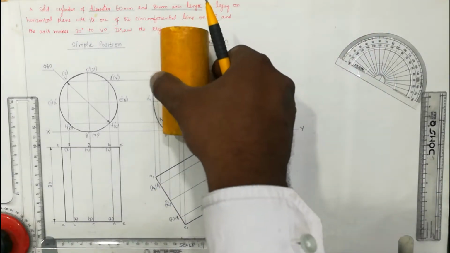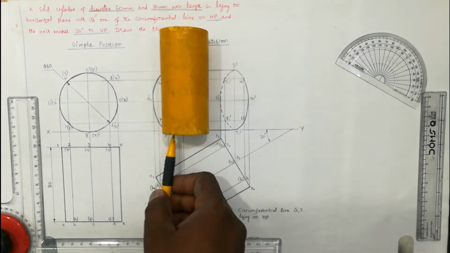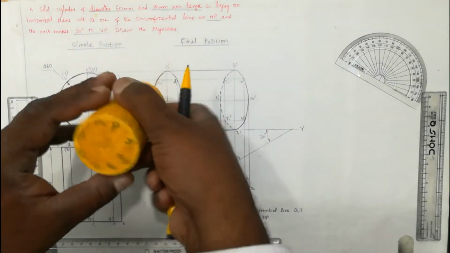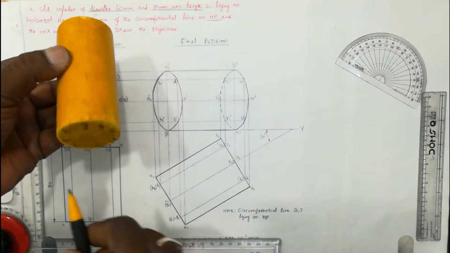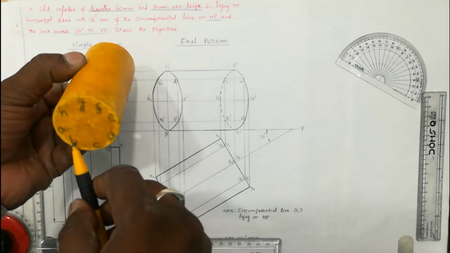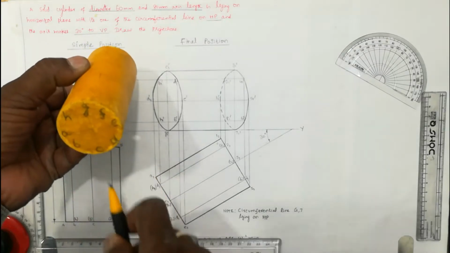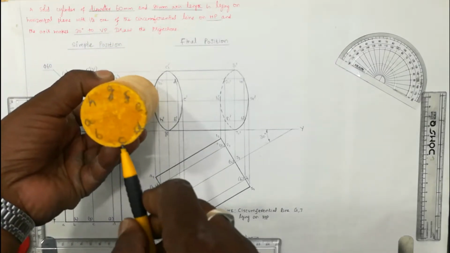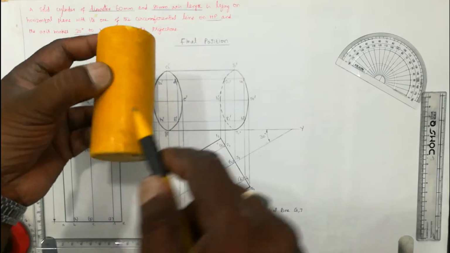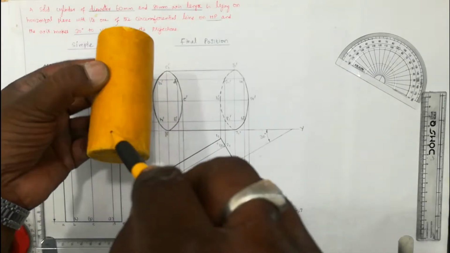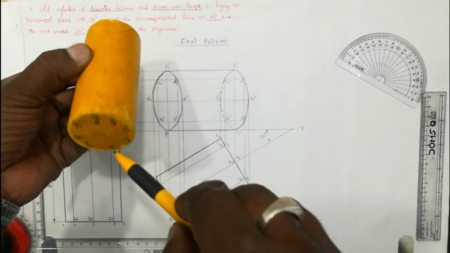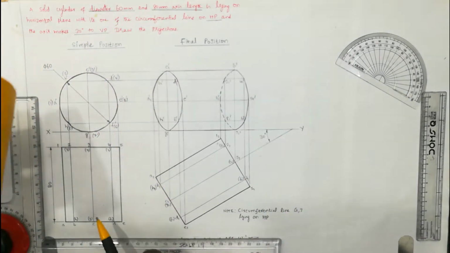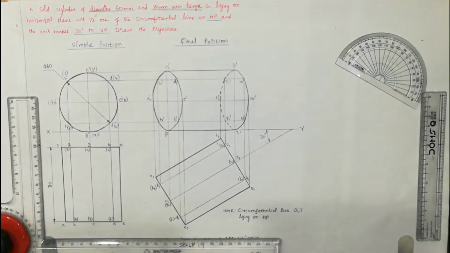So if you see from the top, this is point A, and point B is merged with point H. C is merged with point G. Seen from the top, G is seen first, and the hidden point for G will be C, so that is written in brackets like this.